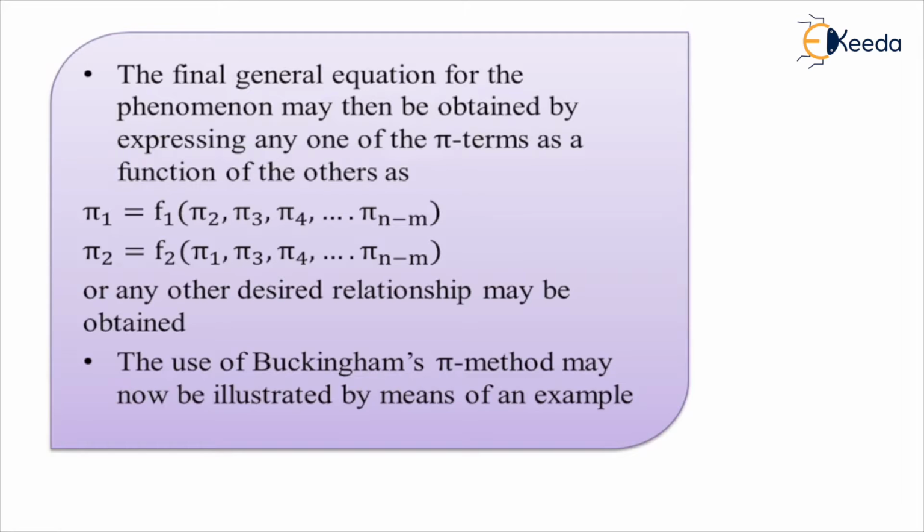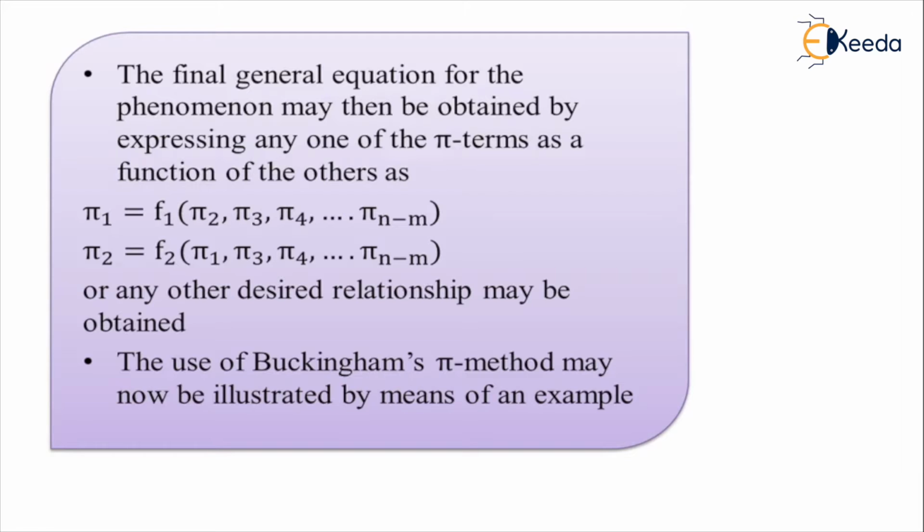Similarly, we have pi 2 is equal to a function of pi 1, pi 3, pi 4, ..., pi n minus m, or any other desired relationship may be obtained. The use of Buckingham's pi method may now be illustrated by means of an example. So we will see the Buckingham's pi method with the example.